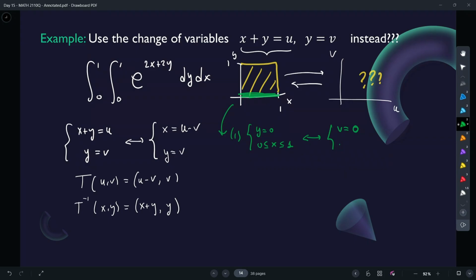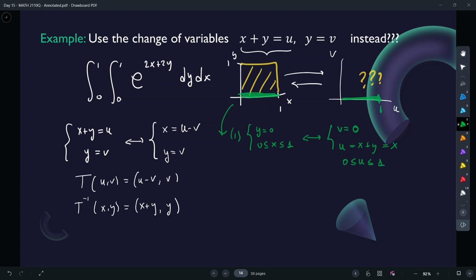And what is happening to u? U is x plus y. Y is 0, so this is just x. And x is going between 0 and 1, so u is also going between 0 and 1. So this region is actually mapped to the same region over here.